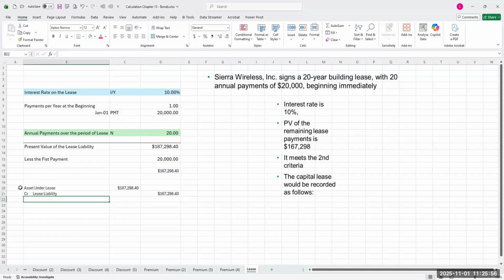And don't forget, this is on January 1st. And don't forget, on January 1st, we have to make the first payment, cash, which is $20,000. And that's how we balance the entry. We made the cash payment of $20,000, we calculate the asset on the lease, and we get the lease liability.